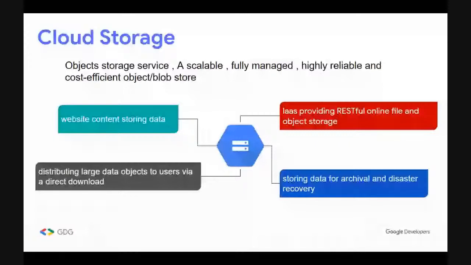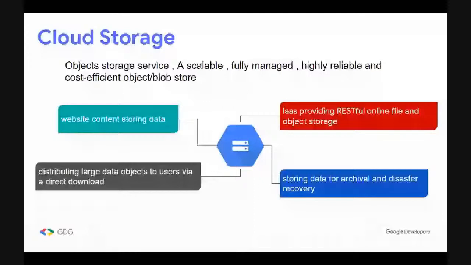Google Cloud Storage serves as the foundation of several different services. So Cloud Storage is used for a range of scenarios, like we can see on the slide here, including serving website content, storing data for archival and disaster recovery, or distributing large data objects to users via direct download.